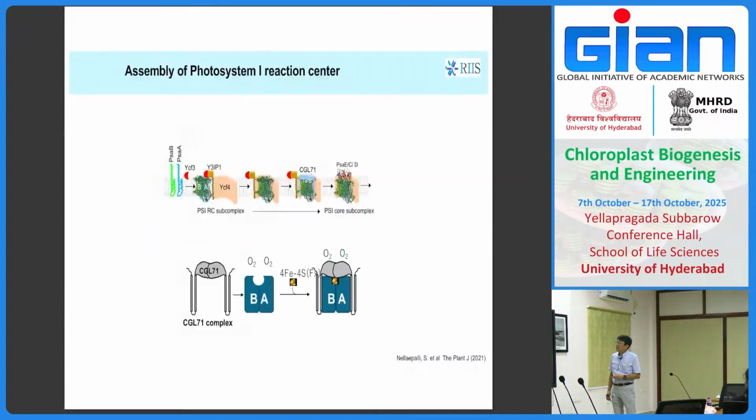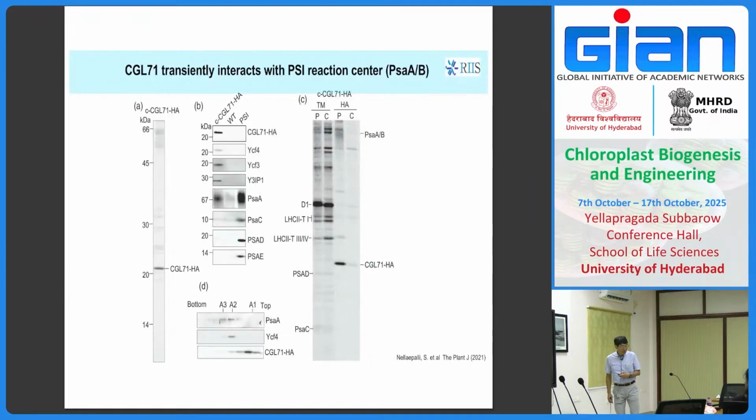I think these four factors are the very major assembly factors. You can see CDL71 contains a small amount of YCF4, YCF3, Y3IP1. So it's mostly separated, but YCF3, YCF4, Y3IP1, CDL71 are closely associated. But if you purify, the interaction is not so strong, so it's separated. But a small amount is present.